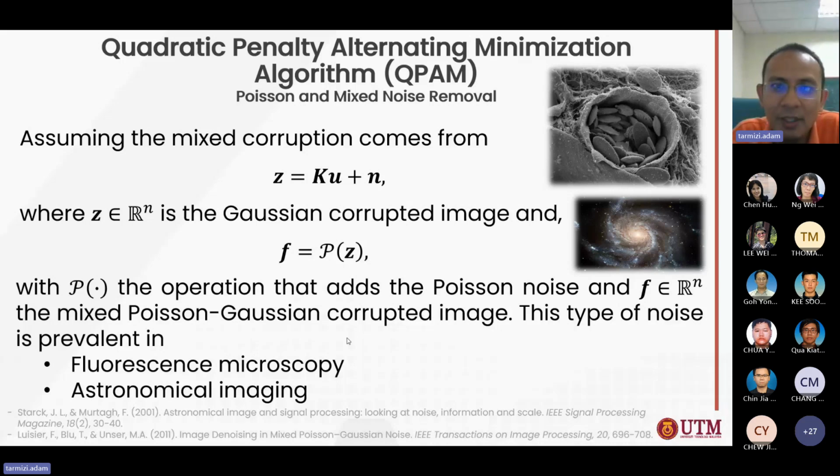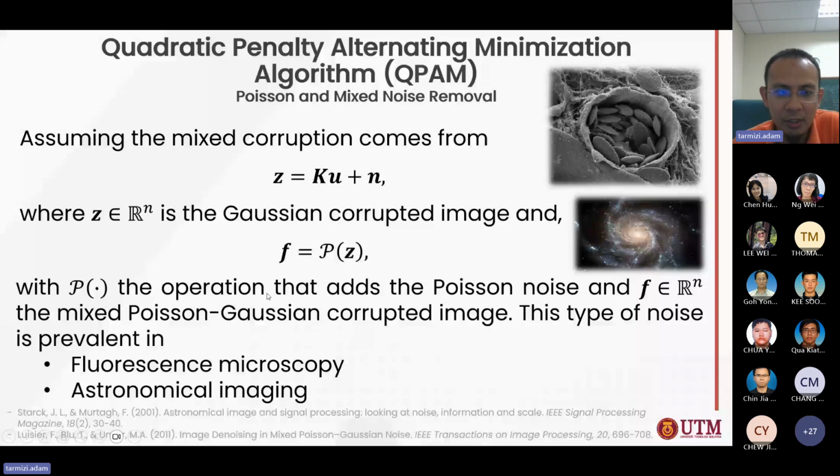So we are doing something related to mixed noise removal. For mixed noise, we assume that the corruption comes from the original degradation model. You have the blur, and U is what we want to estimate, plus the additive noise. Then this observation Z is further corrupted by the Poisson noise, like this.